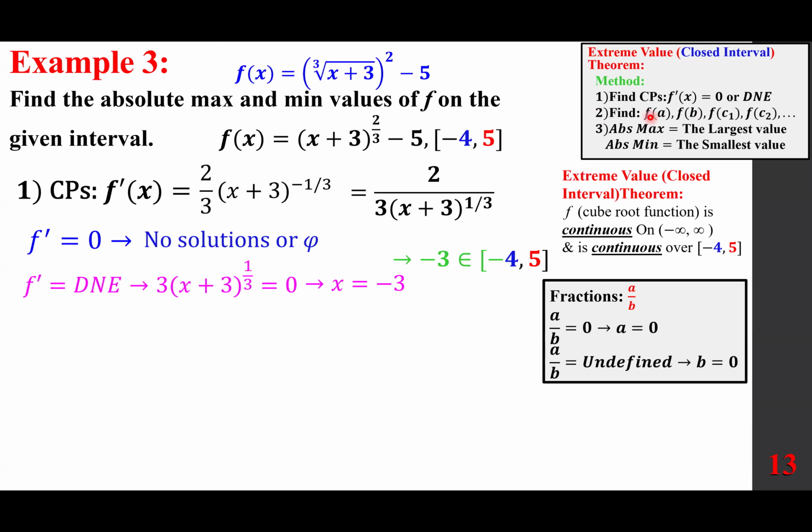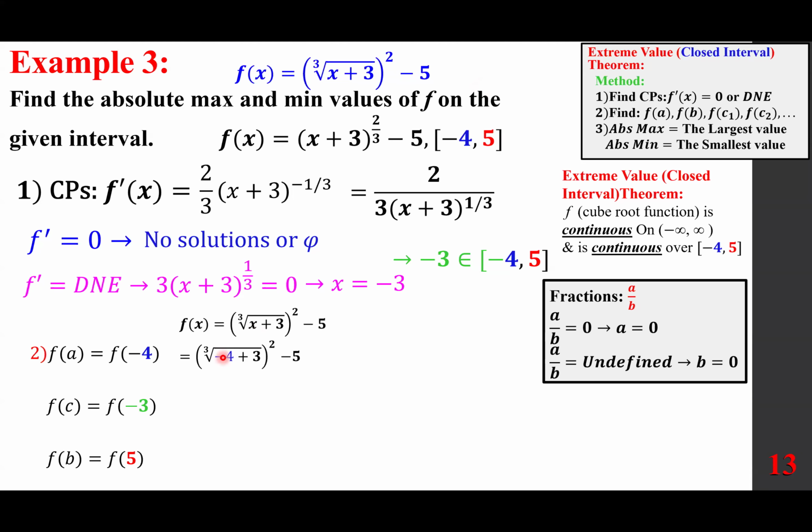I evaluate the function at a and b, at -4 and 5, as well as at critical points. There is only one critical point. So we want to evaluate the original function either in this format or in this format. And I hope you see that this format is easier. So we're going to stick with that. So we start with -4.